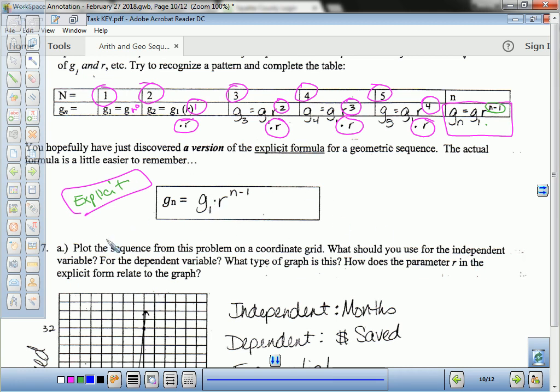So that leads us to the explicit formula, and somehow your box jumped to the top of the next page and covered up important stuff. Sorry.